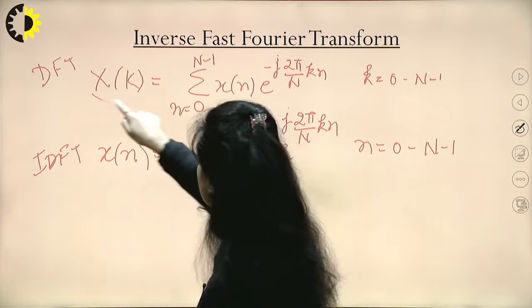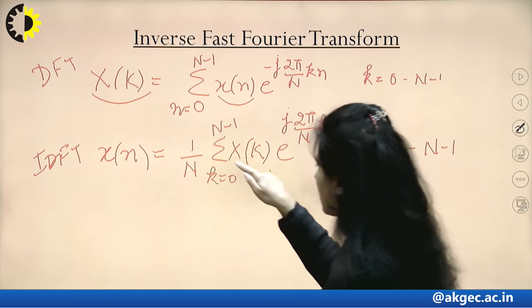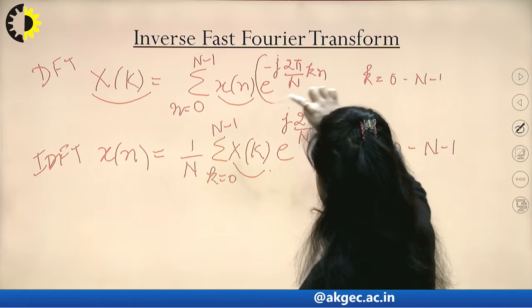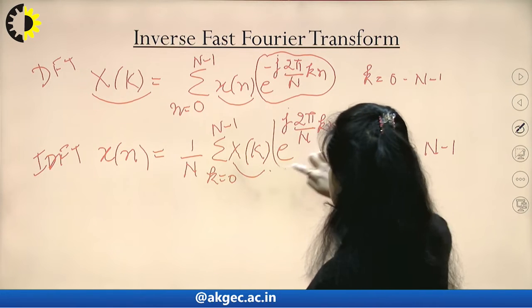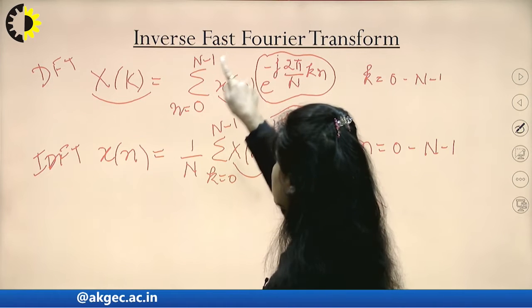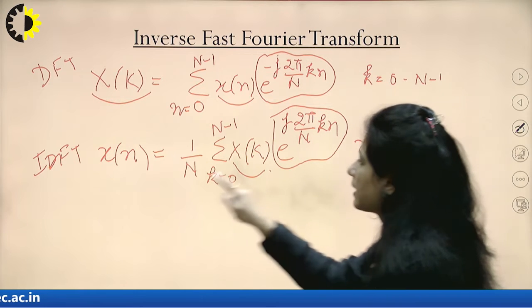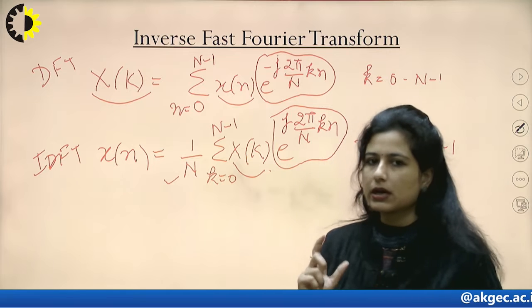Here the input sequence is xn, and there the input sequence is xk. This factor has the negative power and this factor has a positive power. This entire summation is multiplied with 1, but this entire summation is scaled by the factor 1 by n, where n is the number of samples in the given sequence.